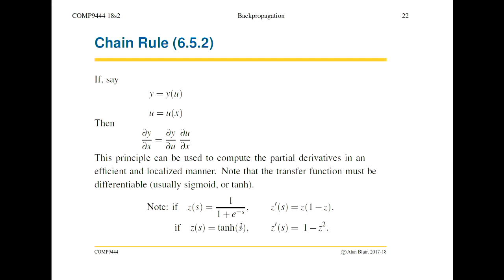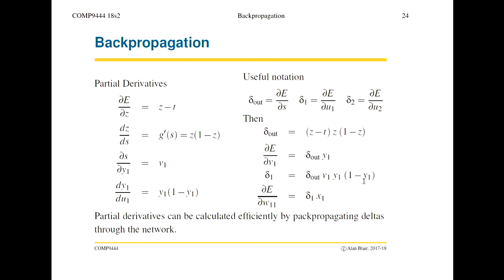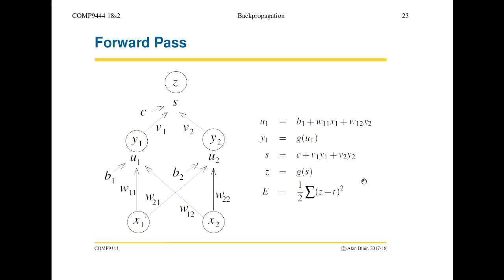And what about this activation function? Well, if I differentiate this, it turns out to be equal to this, and with tanh, it turns out to be this. But again, you can do this by just high school math. Now, why is it called backpropagation?